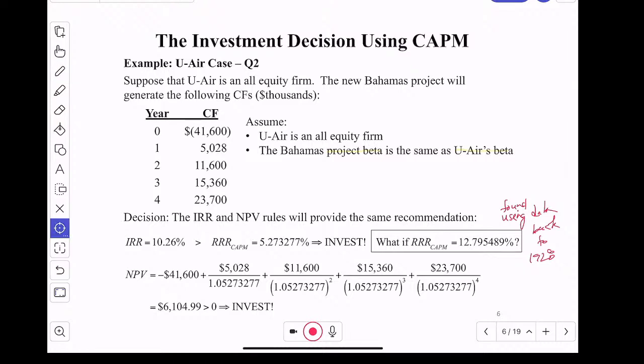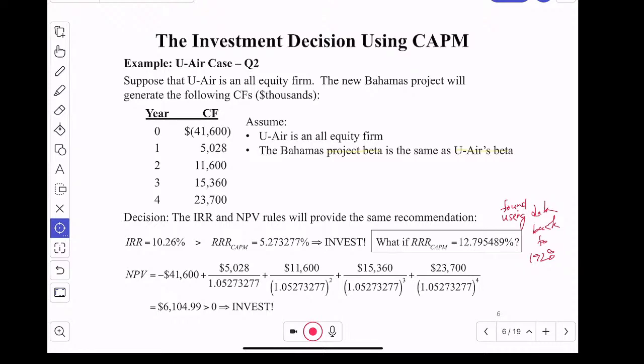So it's important to understand the sensitivity of your result. We argued that they were so different we would stick with the more current data in our analysis. All right, so then even if you use this new required rate of return that we calculated, we should invest. So you could do it with the IRR comparison, you could do it with the NPV calculation.